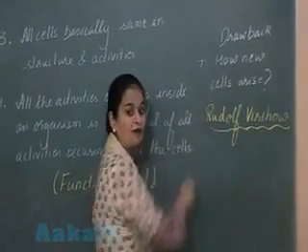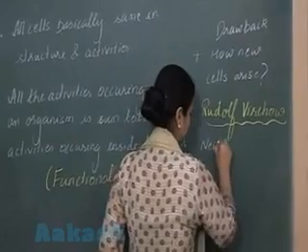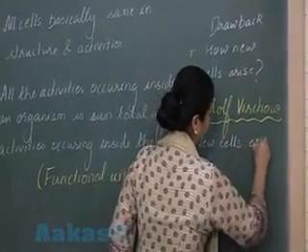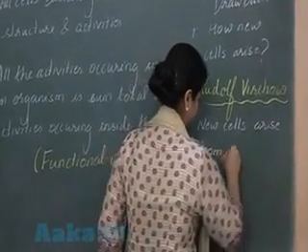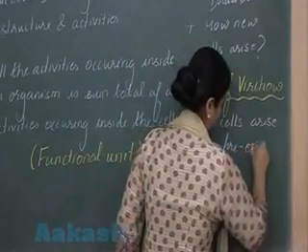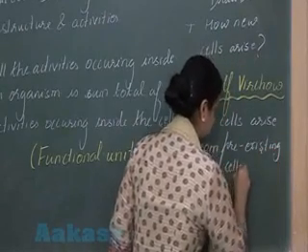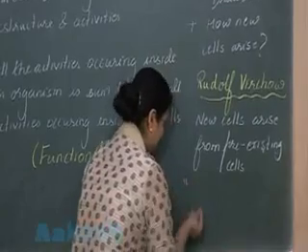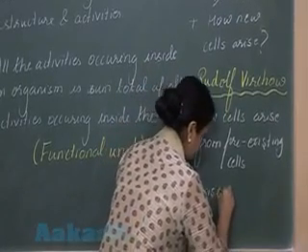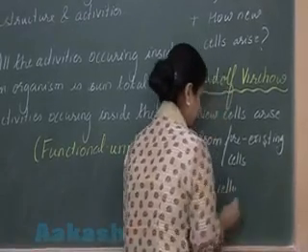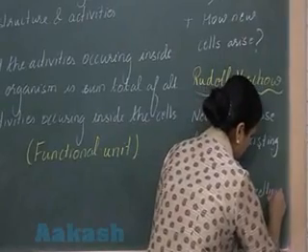Rudolf Virchow for the first time observed that the new cells, they arise from pre-existing cells, or he stated that the omnis cellula e cellula.